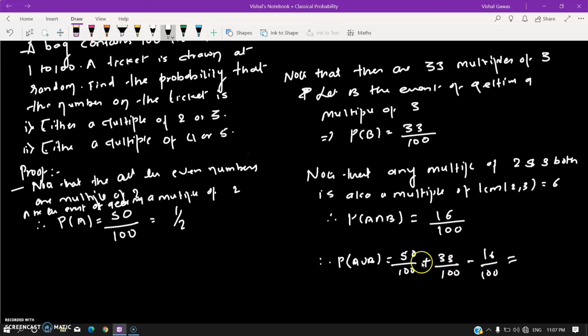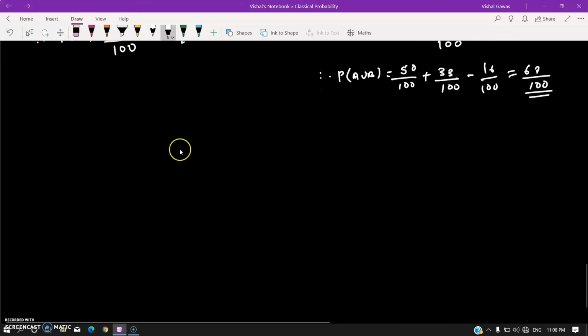That comes out to be 67 over 100. So the probability that it will be either a multiple of 3 or a multiple of 2 is exactly 67 by 100. Now, if I look at the second problem, a multiple of 4 and 5, it's done in the same way. So let's do the second one quickly.